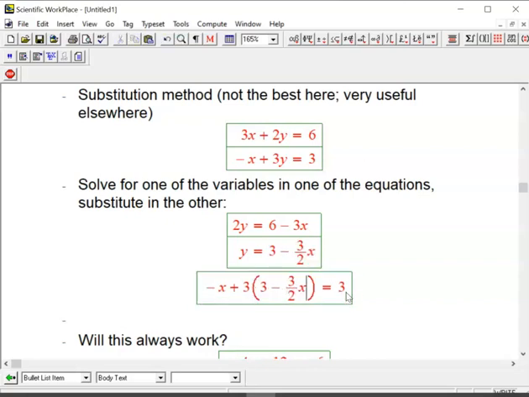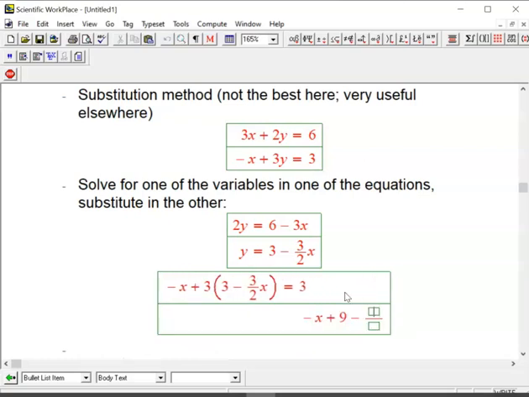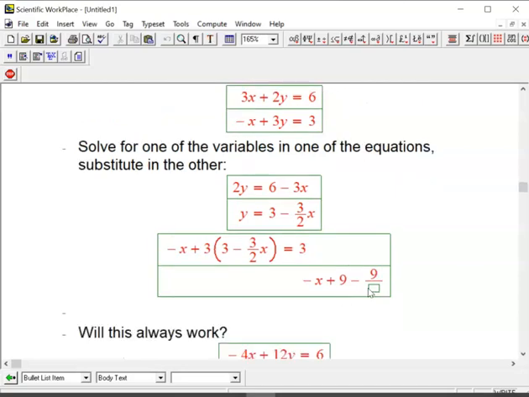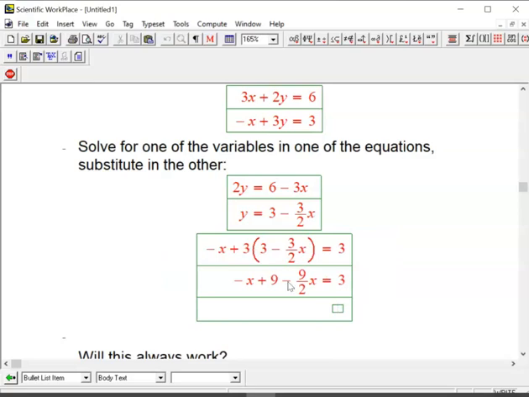Hey, that's an equation only involving x. I'm going to have to be careful to break that out. So let's see, 9 halves x equals 3. Okay, I'm going to need to collect the terms in front of the x. So let's say that's minus 2 over 2. So minus 2 over 2 minus 9 over 2.